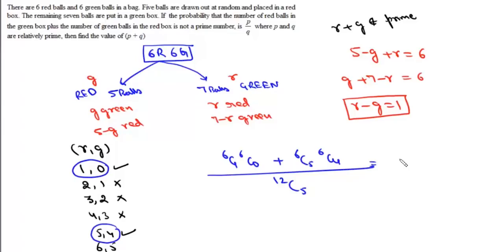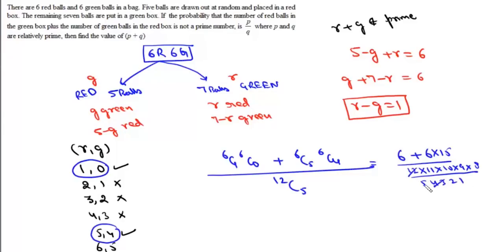So this probability will be (6 plus 6 into 15) upon (12 into 11 into 10 into 9 into 8) upon (5 into 4 into 3 into 2 into 1).